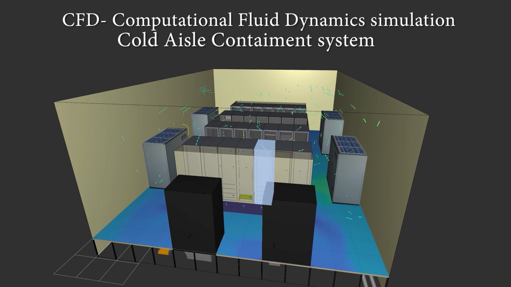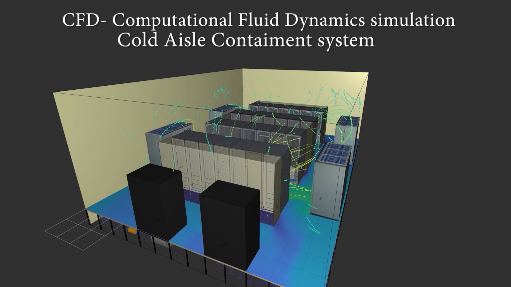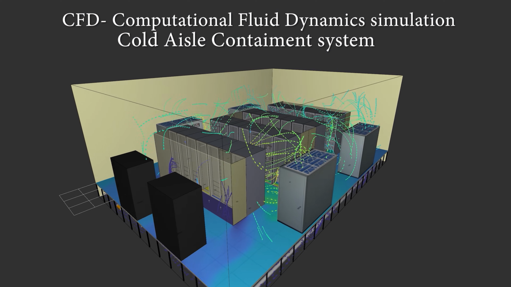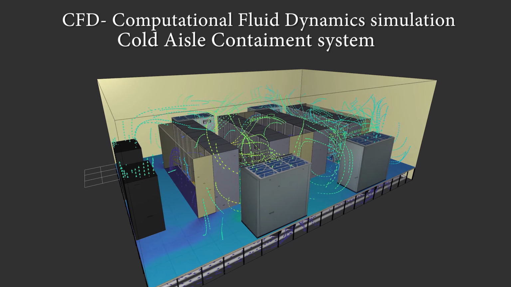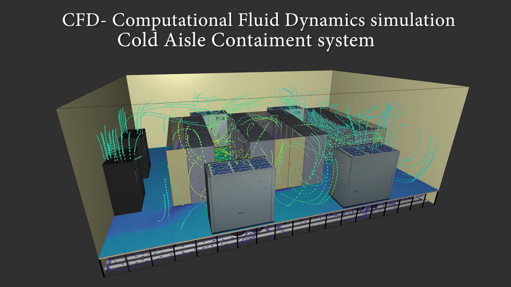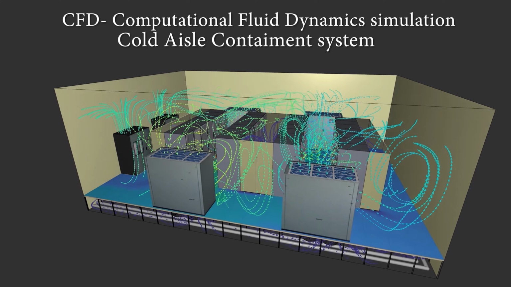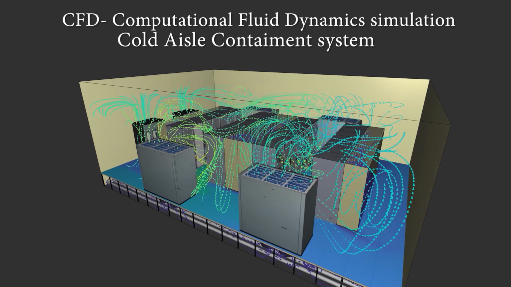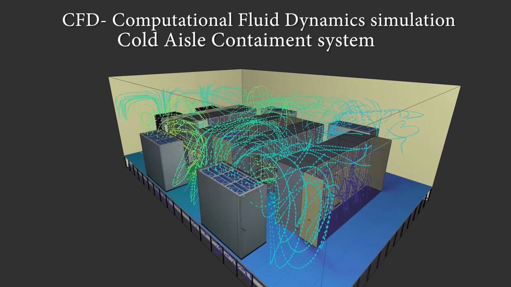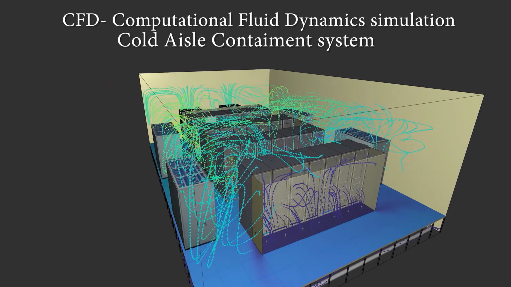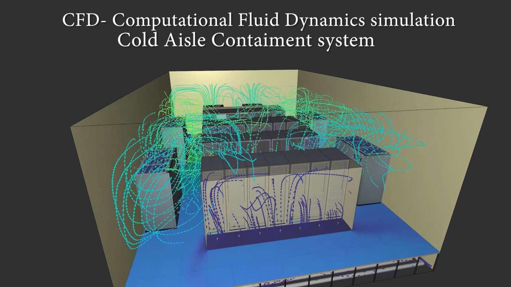This CFD, Computational Fluid Dynamics simulation, analyzes the airflow path of a cold aisle containment system. In a cold aisle containment system, the cold aisle is fully enclosed. Cold aisle containment minimizes the amount of cold air needed by the IT equipment by confining the cold air to the space directly in front of the racks.